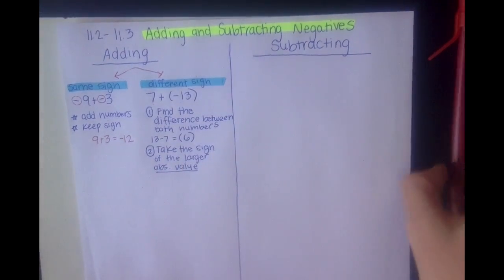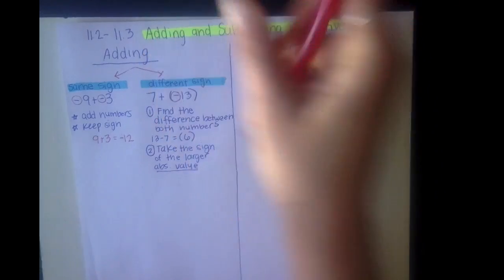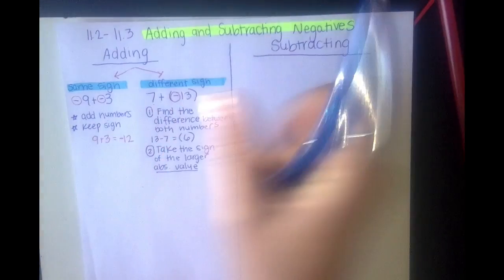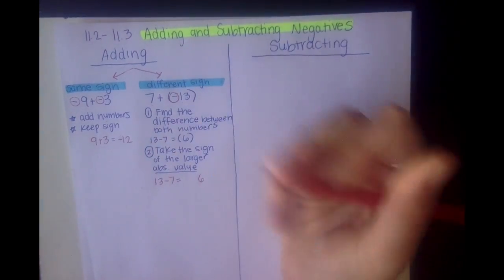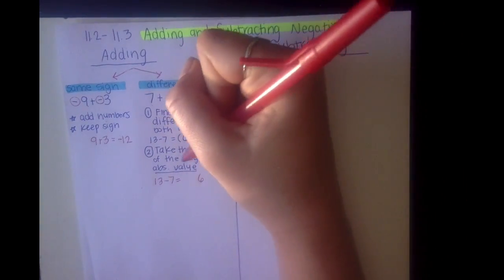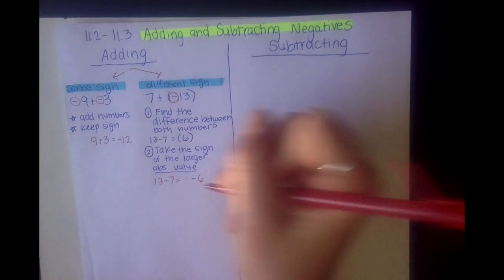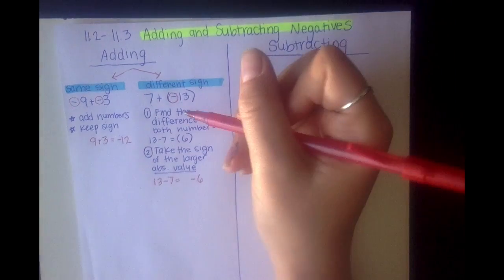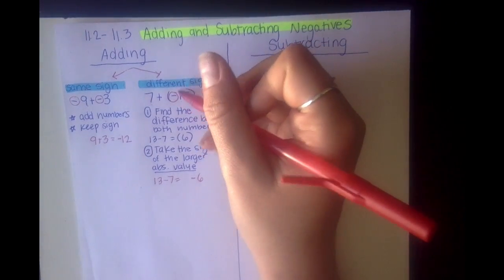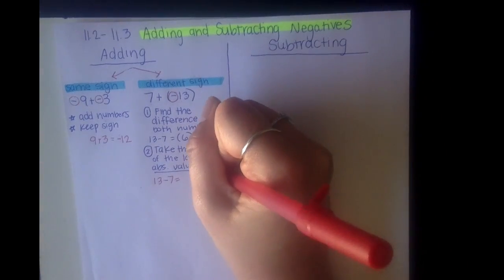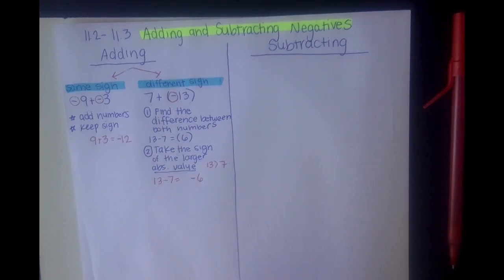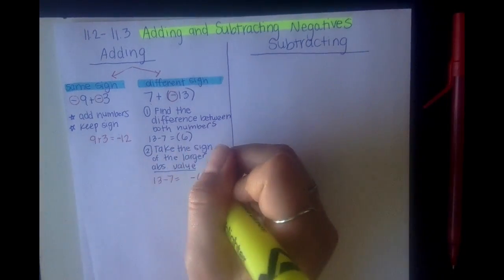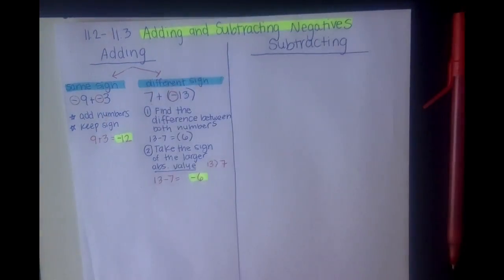That would be 13. 13 is negative, so my answer has to be -6, because 13 is negative and 13 is greater than 7. So in this case my answer would be -6, and this one was -12.